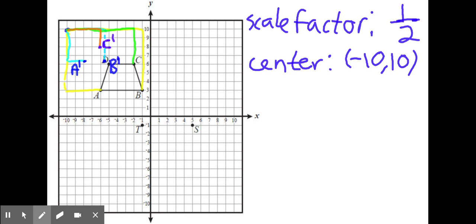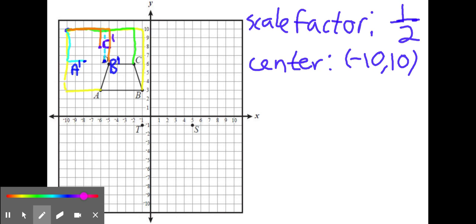And then lastly, we have point D, and this is getting super messy at this point. Sometimes this will happen with your reductions, but basically to get to D, I have to go over 5 and down 4. So let's try going, what was it?